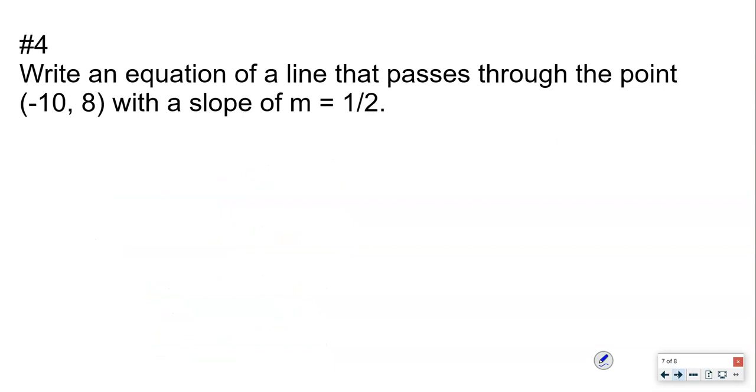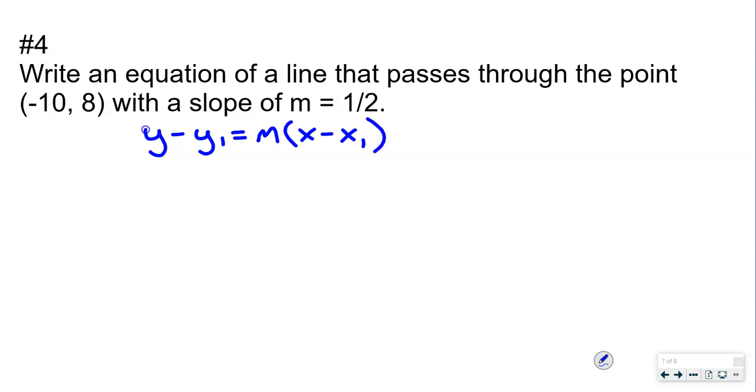And then example 4, our last example, write an equation of a line that passes through the point, negative 10, 8, with a slope of 1/2, or 1 over 2. So we know a point, and we know the slope. So which formula should we use, slope-intercept or point-slope? We should use point-slope. So we're using y minus y1 equals m times x minus x1.